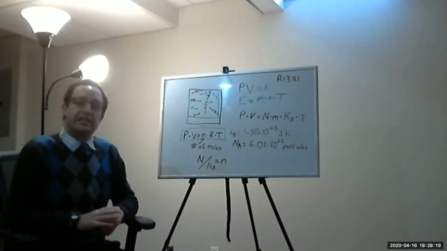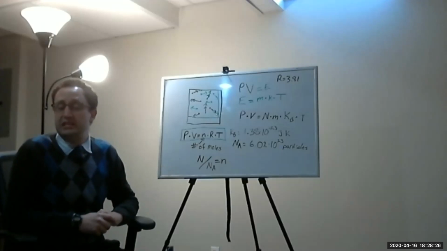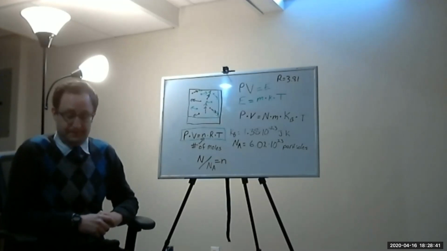So what we end up seeing is that, in general, compression tends to cause things to heat up, and expansion tends to cause things to cool down. That is, if we allow it to expand and have the pressure change as well.